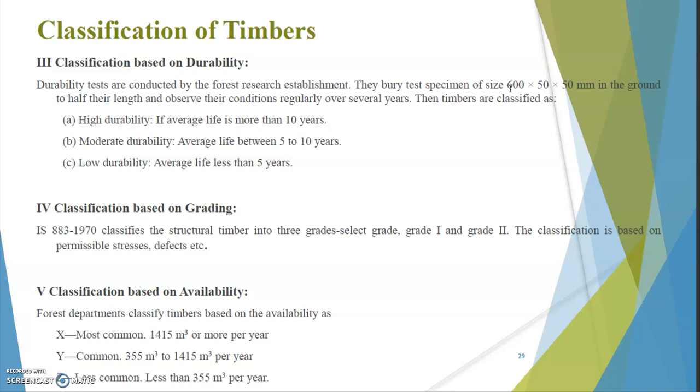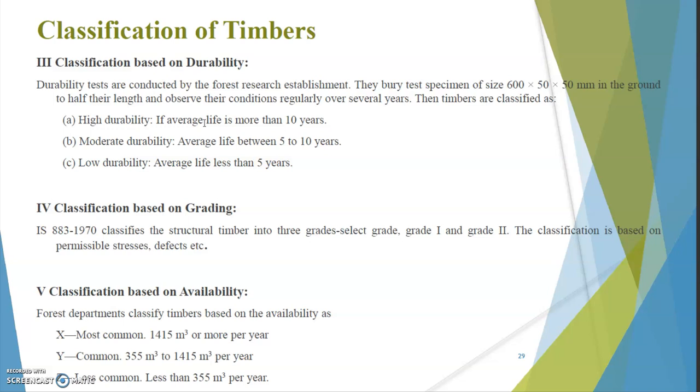Based on the observations, they classify the timbers as high durable, moderately durable, and low durable timbers. So if, when they bury such a sample timber in the ground and monitor it for some 5 or 6 years, even after some more years on average the timber doesn't show any structural deformation or damage over its surface or in structure, then it can be called high durable timber.